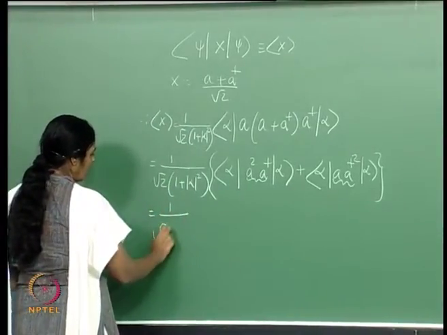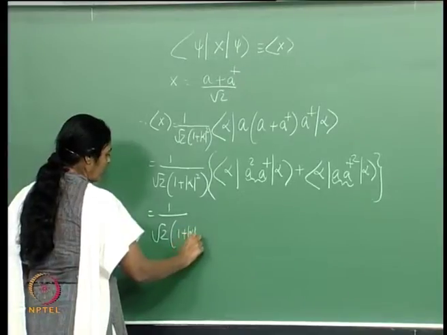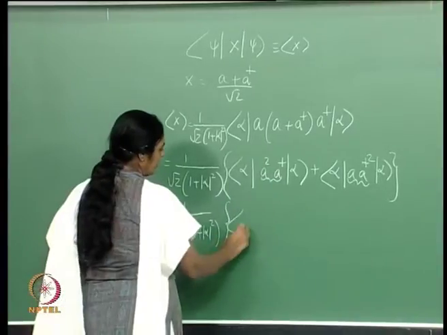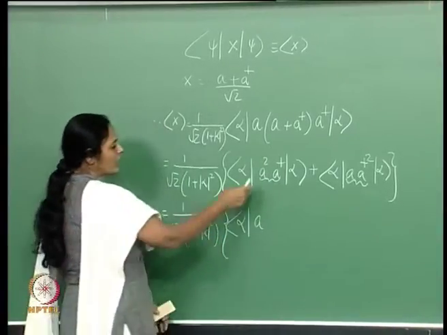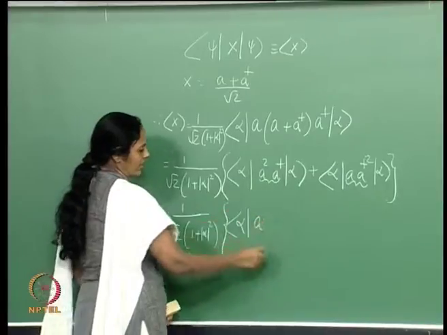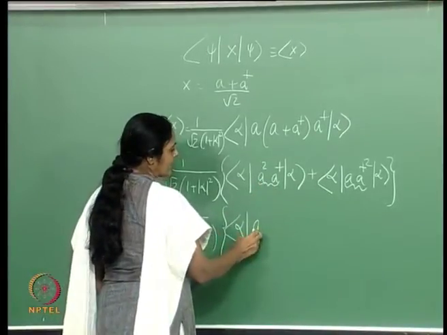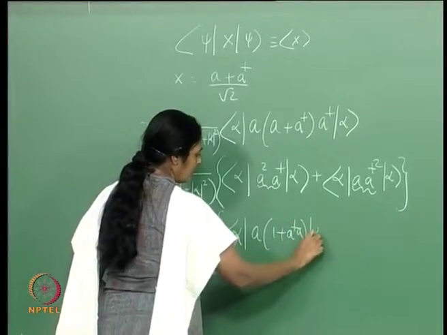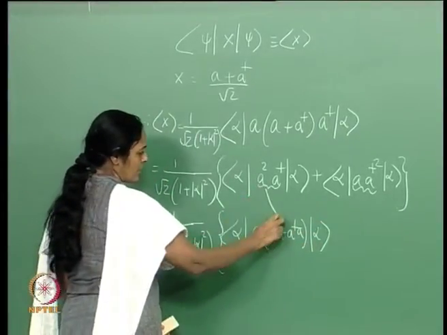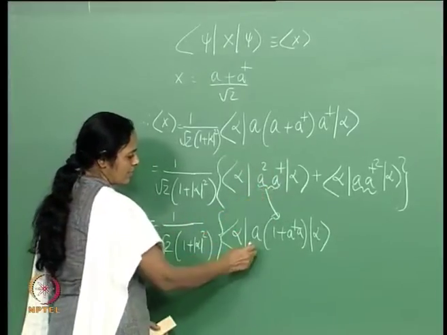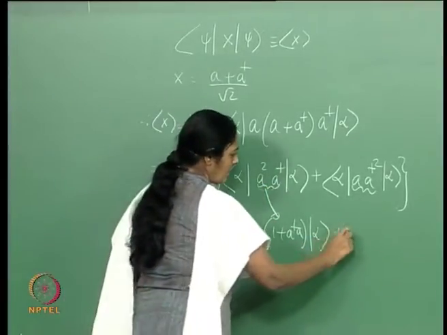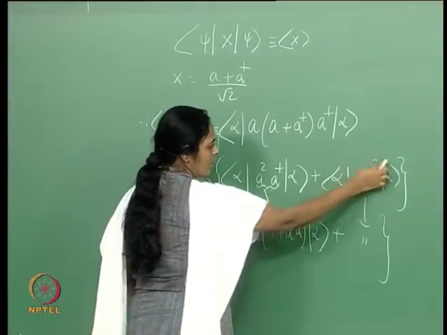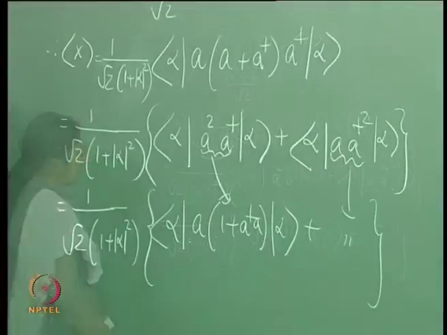So, I have 1 by root 2 1 plus mod alpha squared. Look at this. Once more, it is good to shift A to that side. So, I have A times A dagger, which is 1 plus A dagger A. So, I have just written this operator out here plus this operator. So, this number is the complex conjugate of that number.